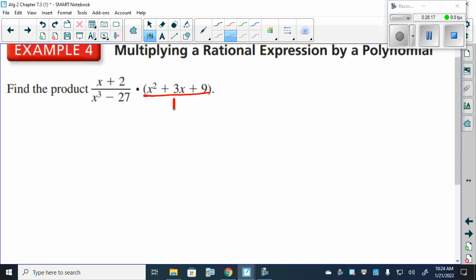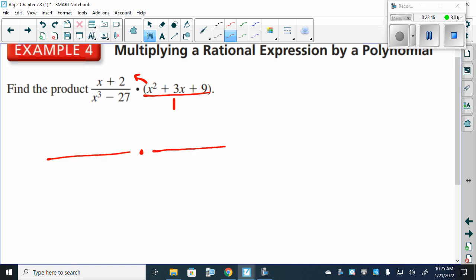Now, I write this in just as a reminder for us. Whenever we multiply these two, this entire set of parentheses is only multiplied by the numerator. We only multiply by the top when we don't have a denominator for the other term. Because realistically, the denominator for the x squared plus 3x plus 9 is 1, which would be multiplied by the denominator.